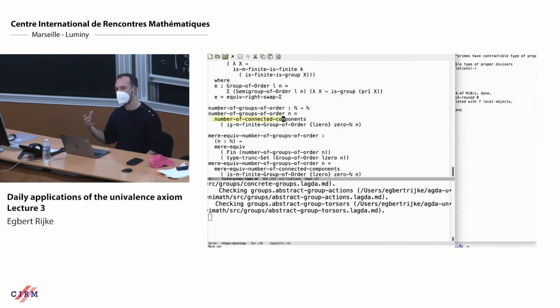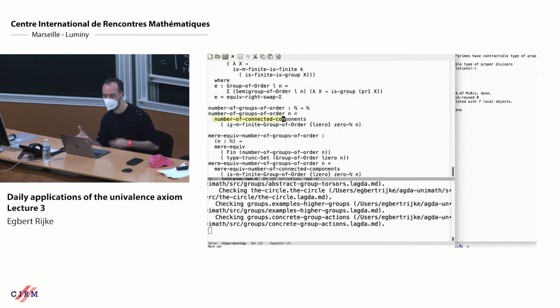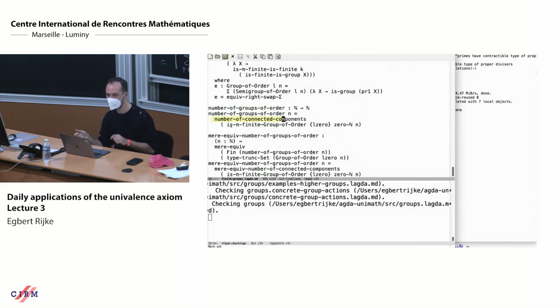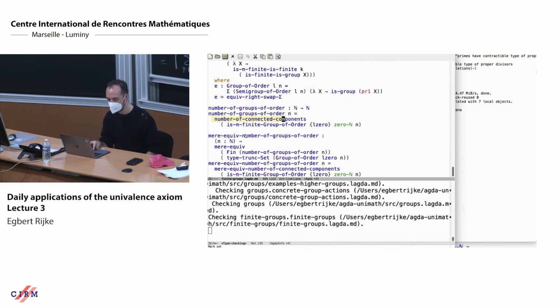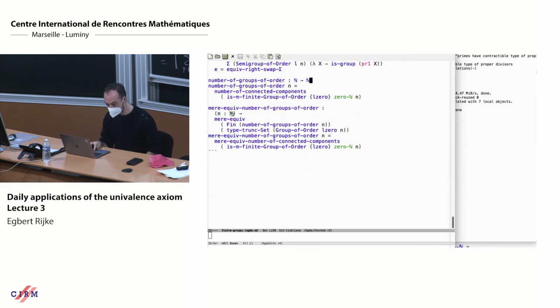So if you know in type theory that your type is finite, then you can extract from that the natural number, how many elements it has. So I just use that and get a function from n to n. And I also get the mere equivalence for every n.